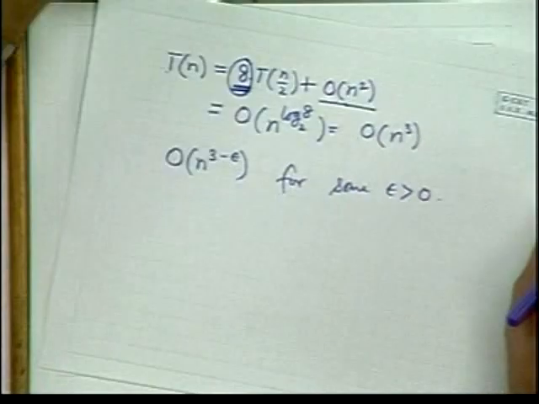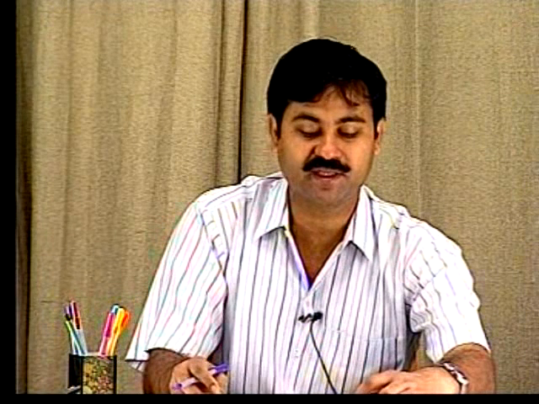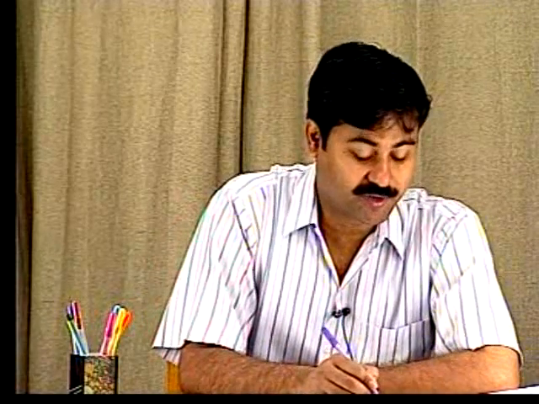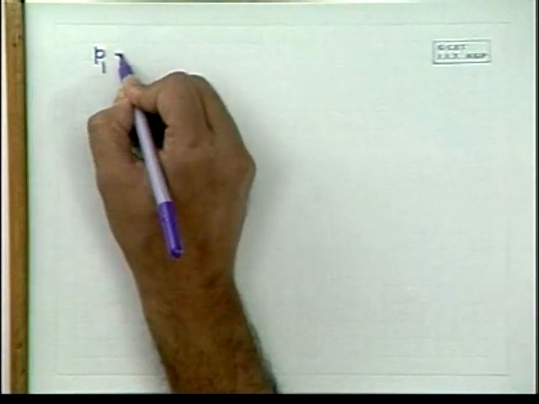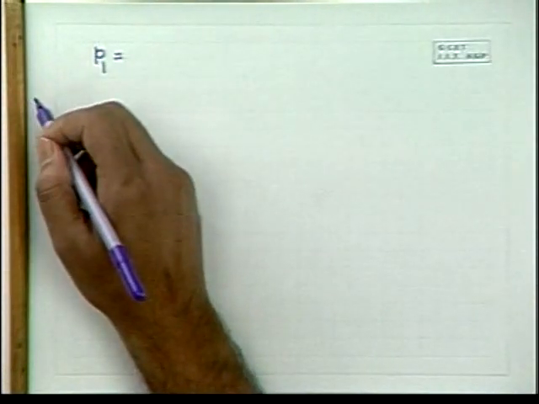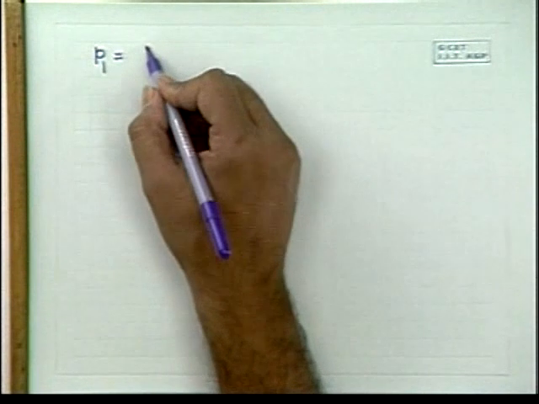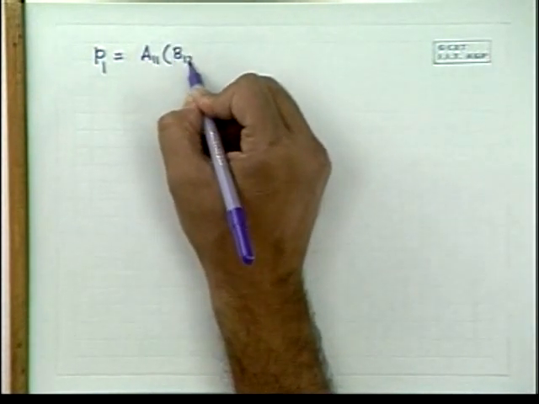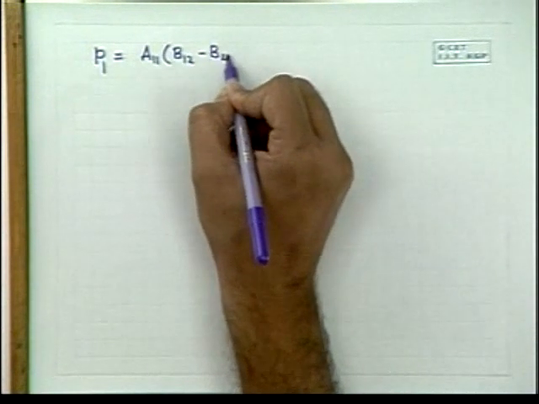So now let us see how we can decrease the number of multiplications to 7 instead of 8. Let me write down some sequence of operations. I will write basically 7 quantities. P1 is equal to A11 times B12 minus B22.